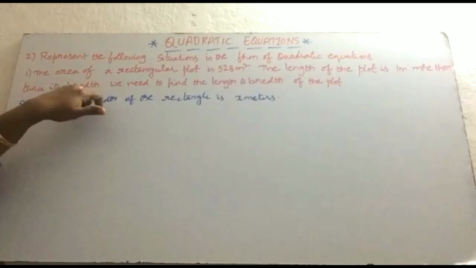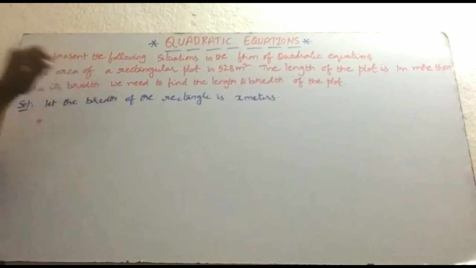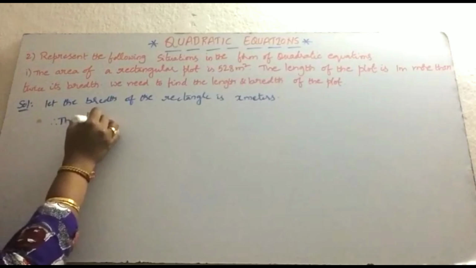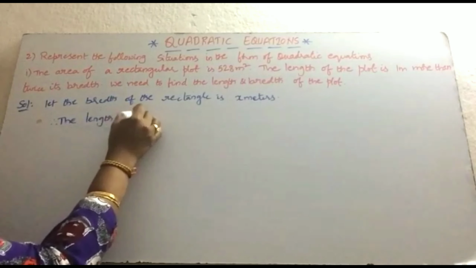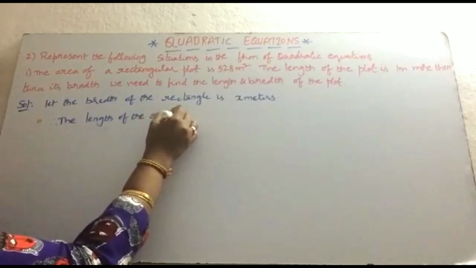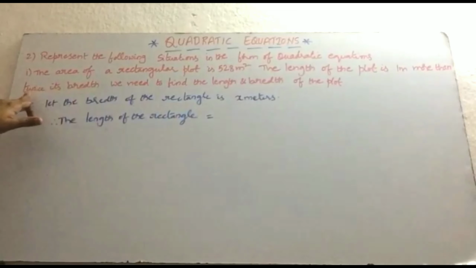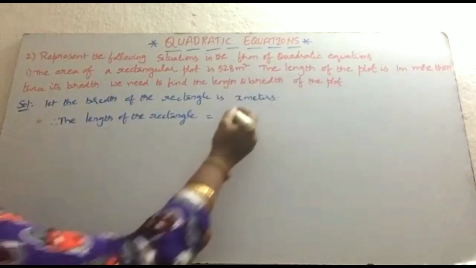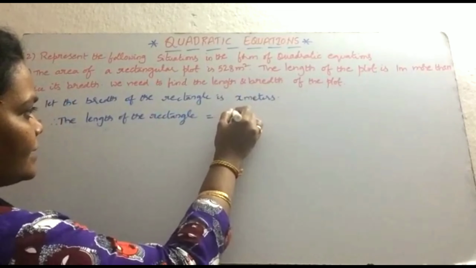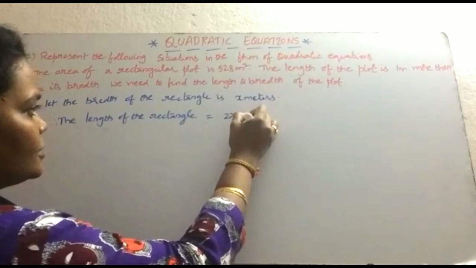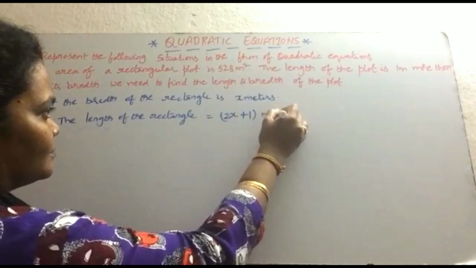That means the length of the rectangle is equal to 1 meter more than twice its breadth. Its breadth is x, so twice means 2x, and 1 meter more means 2x plus 1 meters.